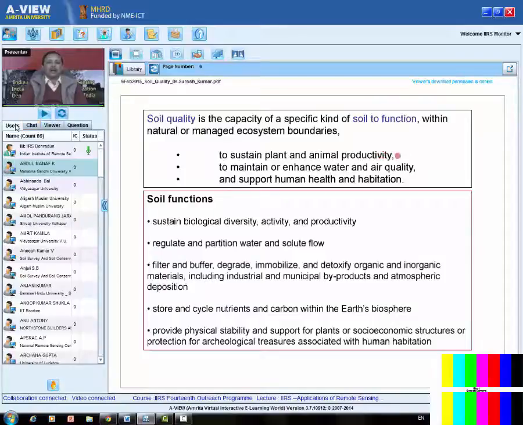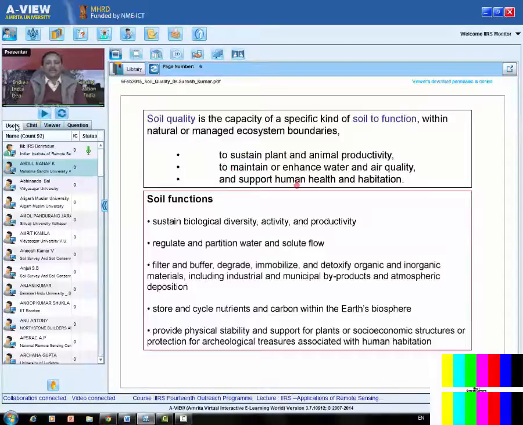If your soil has a good amount of nutrients, then the fodder and grasses grown over it and consumed by the animals will give you animals with nutrients in their meat. That's why the nutrients in your milk products will depend on what your animal is eating. So soil quality affects sustaining plant and animal productivity.